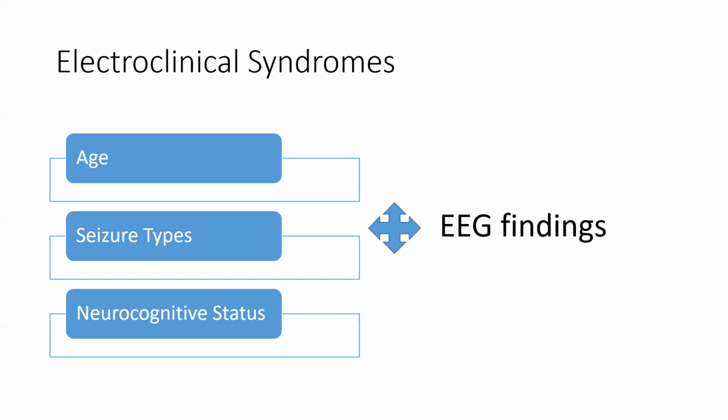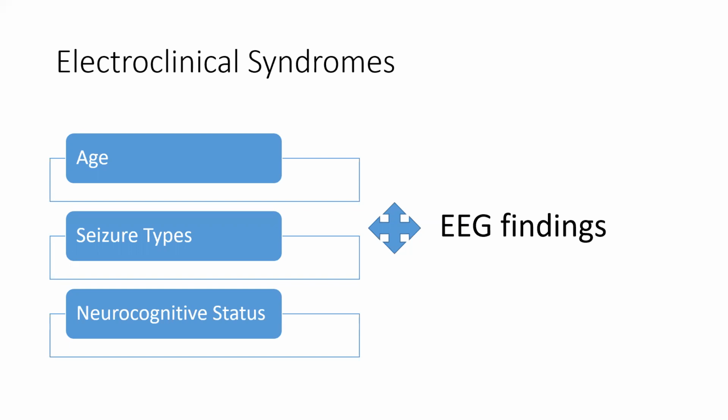Then you put together what kind of seizure this person is having. Is this patient having infantile spasms? Is this patient having a seizure with focal movements, indicating that they are focal seizures? And then you get the neurocognitive status. Does this patient already have a developmental delay, or has this patient been developing normally up to this point?